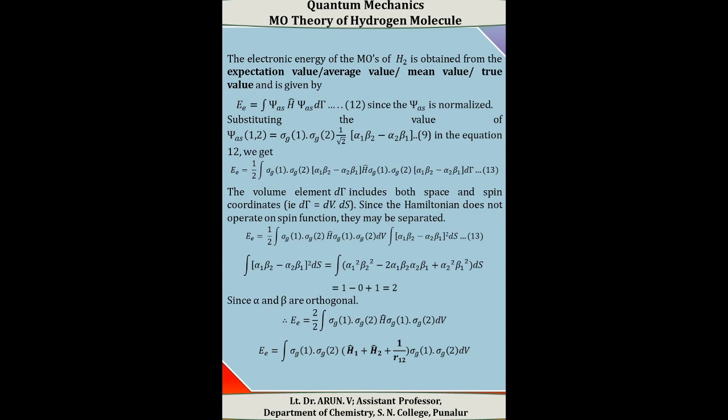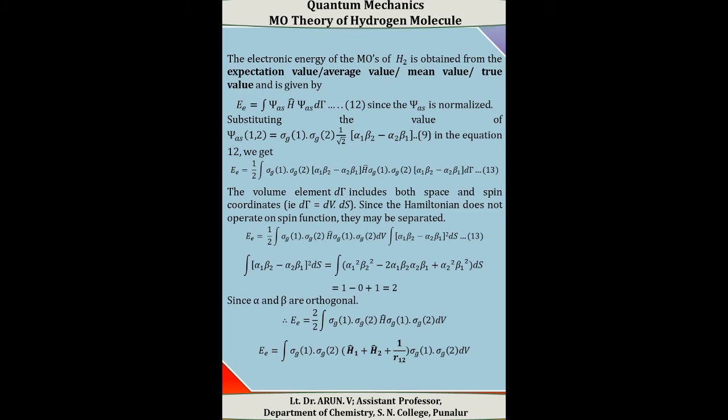Here the volume element dτ, which includes both the spin and space coordinates, is the product of dv and ds. Since the Hamiltonian does not operate on the spin function, they can be separated.